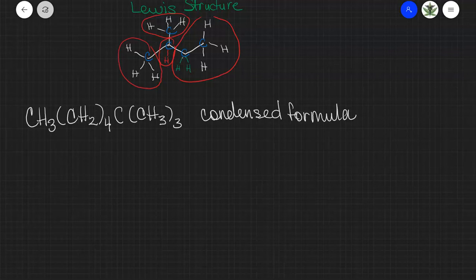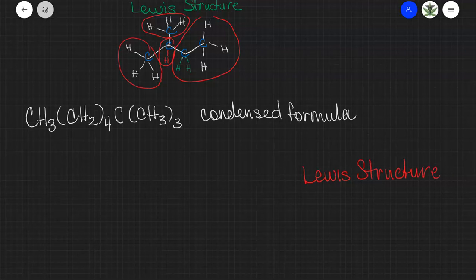You'll notice we have parentheses. It works the same way just like math with the parentheses. So let's go ahead and write the Lewis structure for this particular compound.